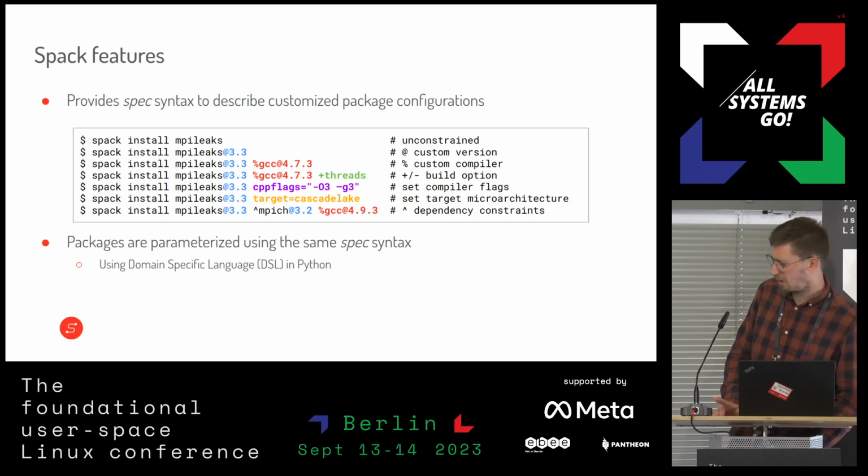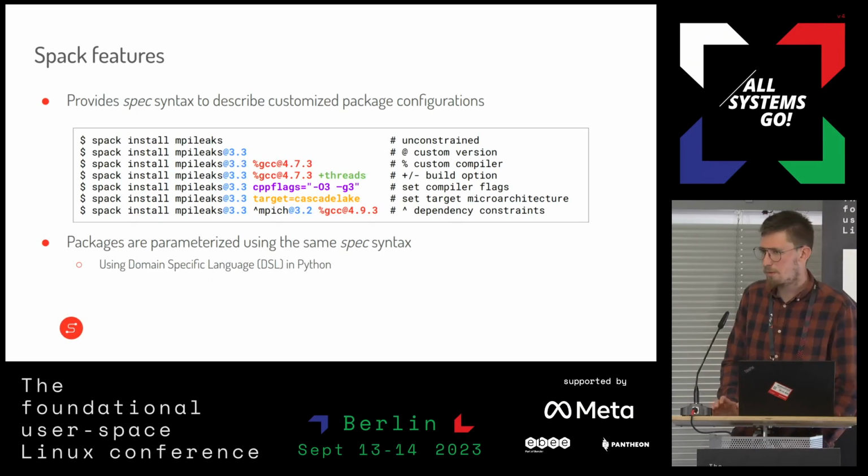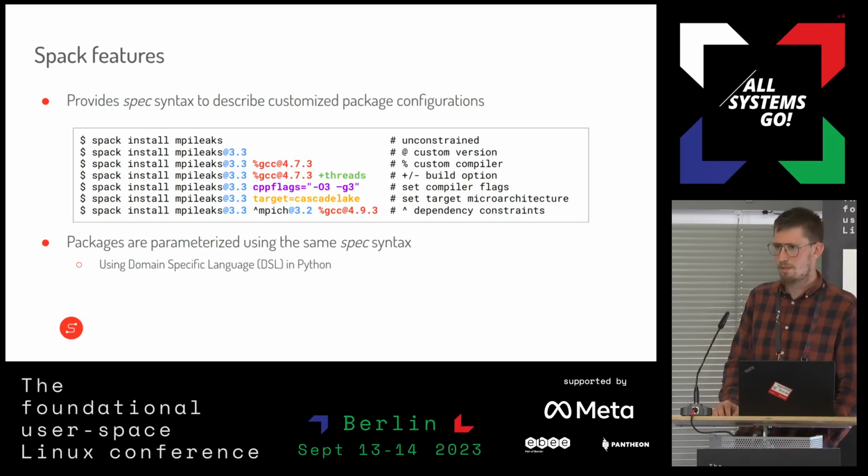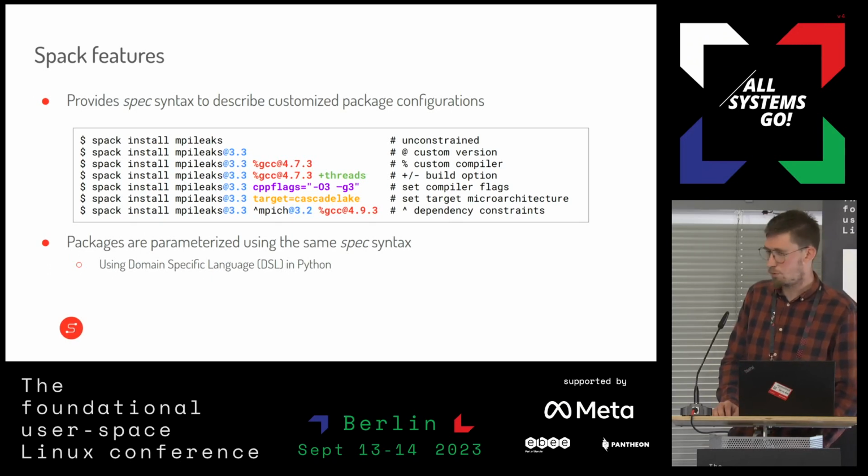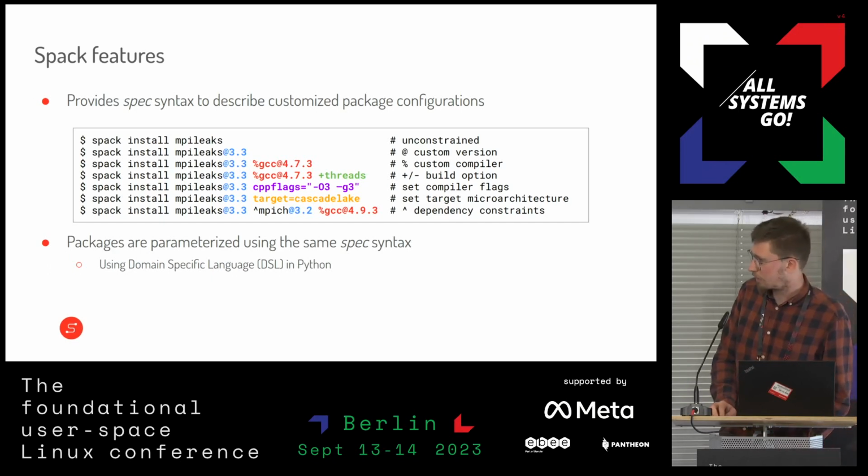This is very relevant because we want to optimize for different architectures than the system we're building on, right? This is basically very similar to how Portage does things. Portage also supports this via USE flags, so it's fairly similar, but we think Spack is a much better fit for us based on some other requirements, right?